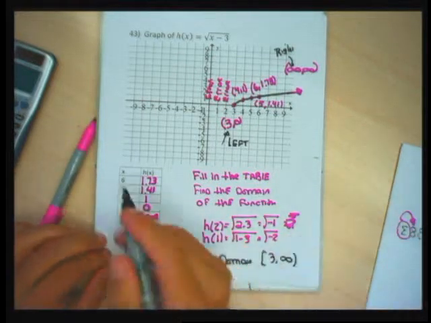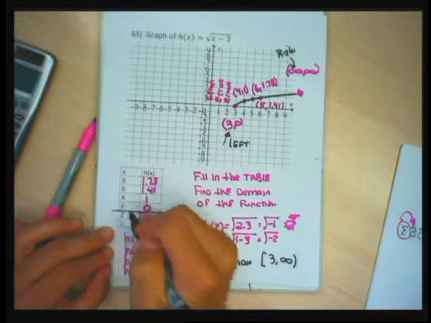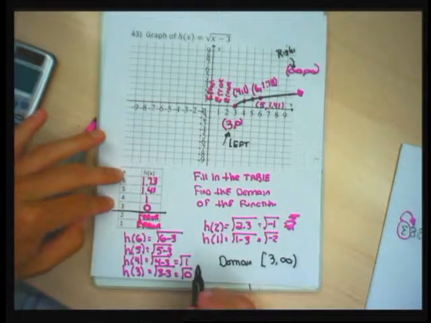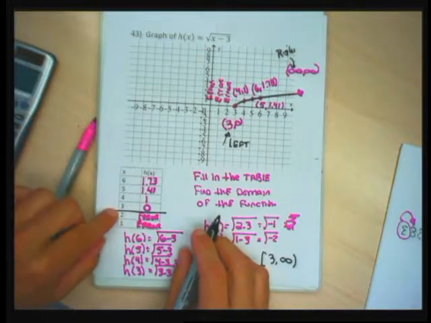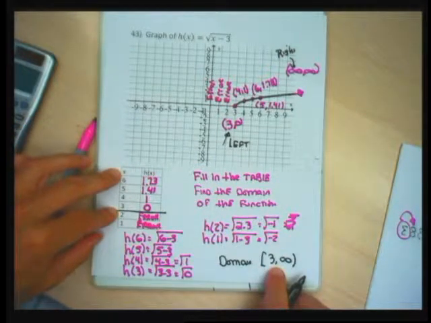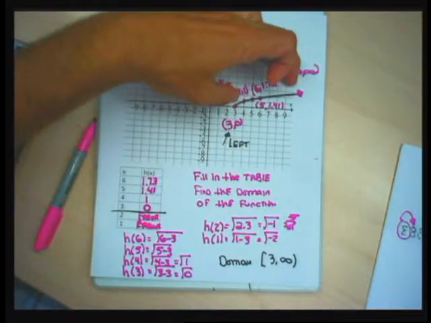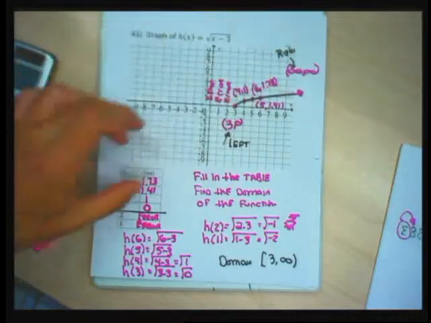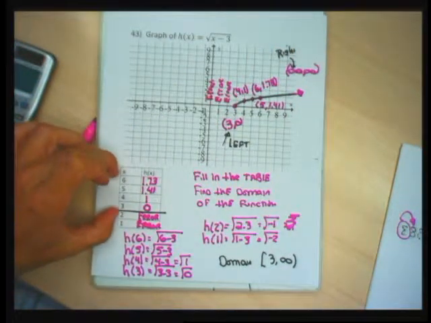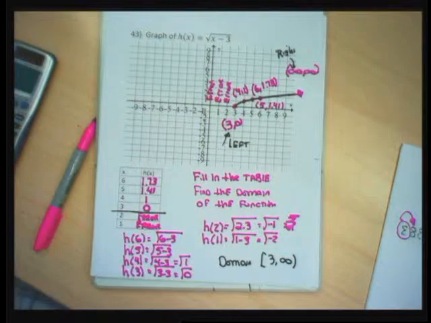So from the table, I would find the domain by looking at where my y's exist, and my y's only exist from x equals 3 on. So the domain of this is 3 to infinity. You could see from the graph more clearly that the domain is 3 to infinity. From the table, you could see the break in the table. At 3, my y is 0, but less than 3, I get errors.